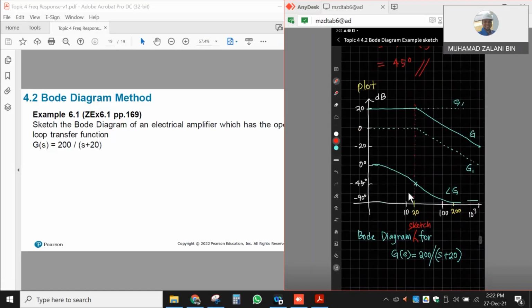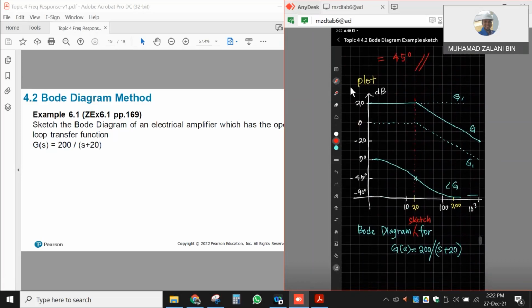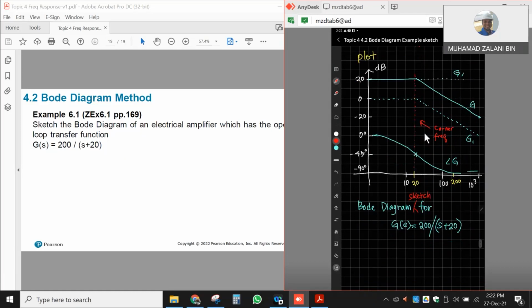Then we do the plot. Finally, we do the plot. So we check one by one the points over the plot. Make sure that you clearly indicate the corner frequency here. Yes, the line for the corner frequency, which is 20 radian per second. Then we do the sketch. This is G1, the straight line, which is the constant factor. Another one is G2 here.